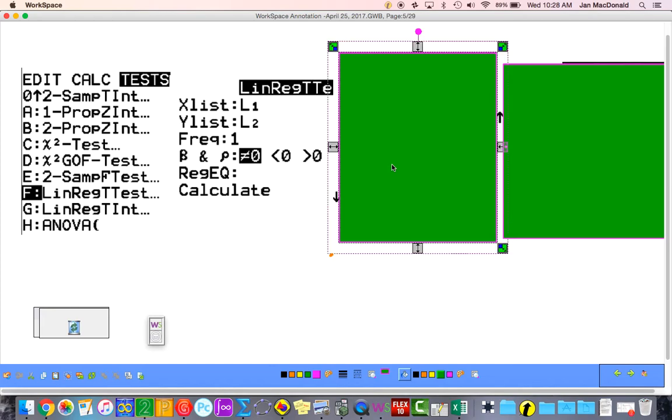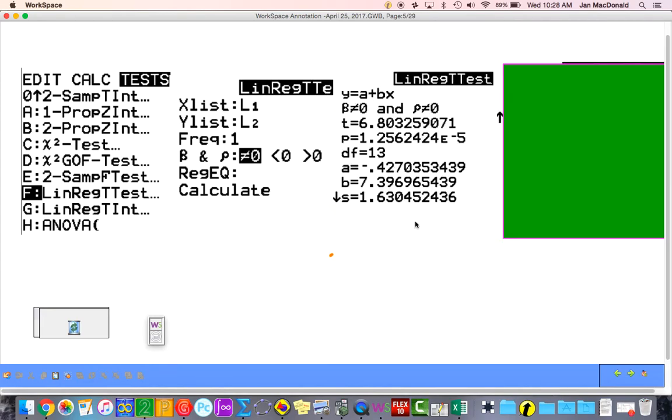Okay? So our next screen looks something like this. And notice our equation is in the form y equals a plus bx. That's a little different than what we saw in Algebra 1, but that's all right. In AP Stats, we would say y hat, the predicted y value, is equal to b naught plus b1x. So again, this b1 value is our slope.